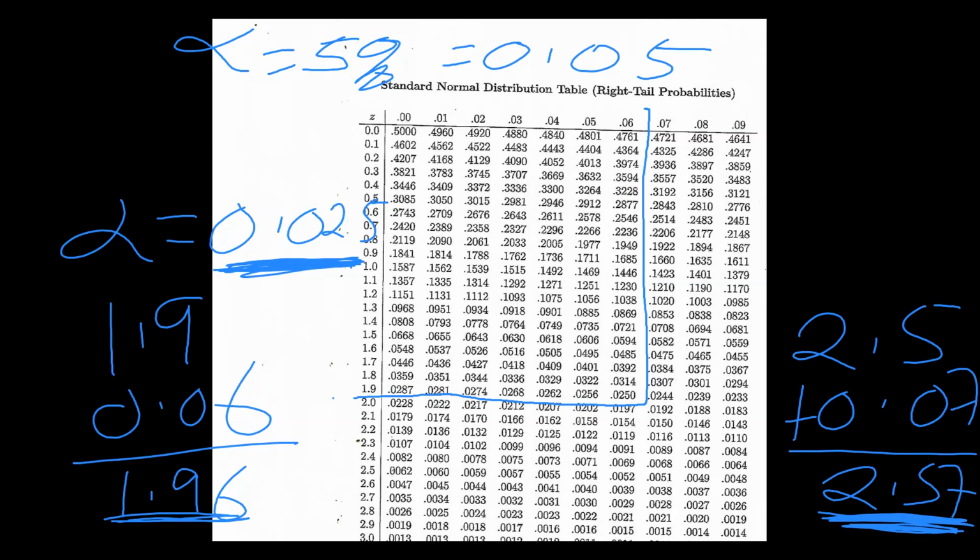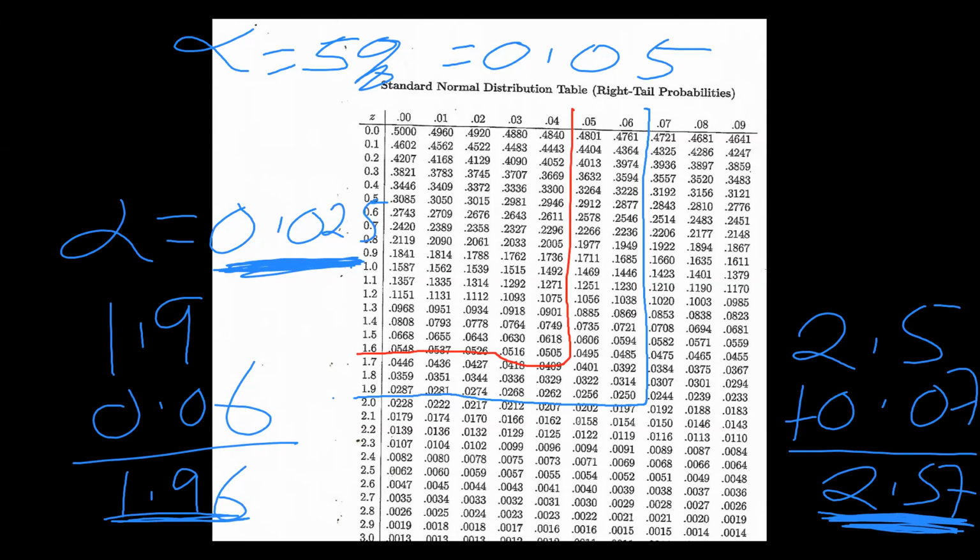Friends, let's look for 0.5. Where do we find the 0.5? 1.6, comma what? 1.6, 0.4. You've seen that it is closer, right? 1.6, let me use the red mark. 1.6, comma what?